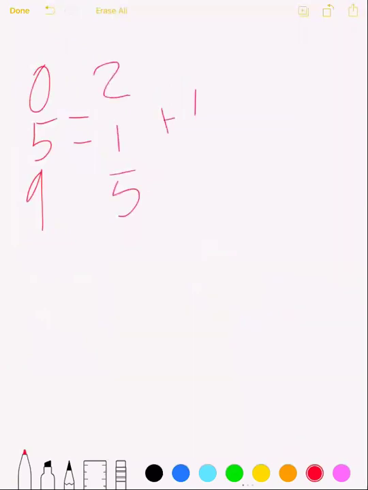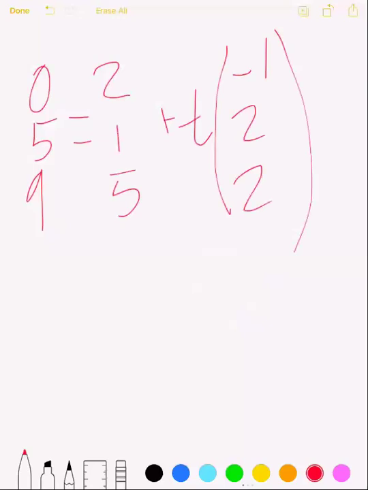So what you do is you plug in the point for r. So I would have 0, 5, 9 is equal to 2, 1, 5 plus t times -1, 2, 2. And you solve it basically like 3 separate equations.